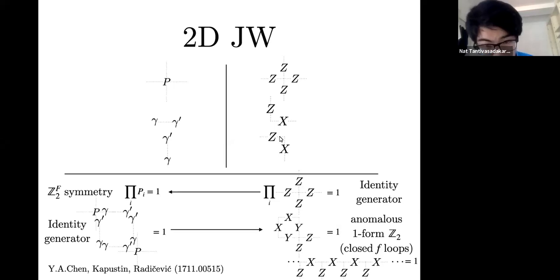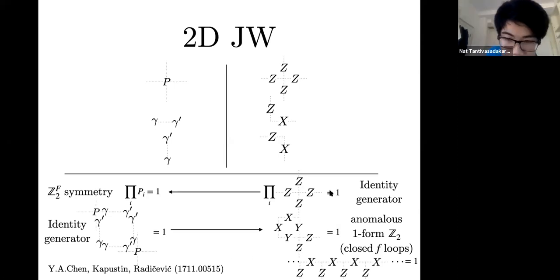I'm going to explain later how you do that, but for this case, the answer just turns out to be that you put this Z over here and this Z over here, and you can check that the commutation relations work out. And this was the work done in this paper down here.